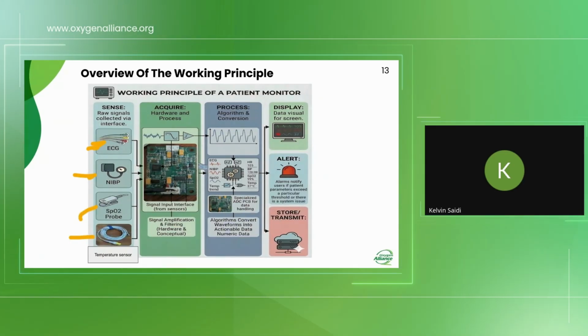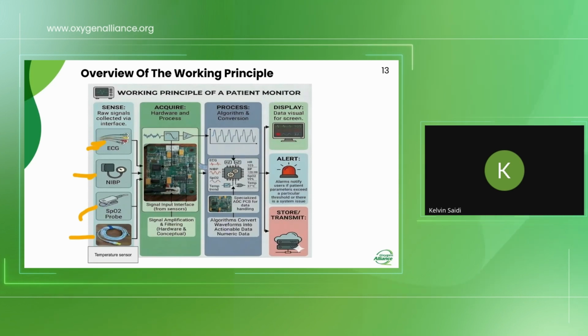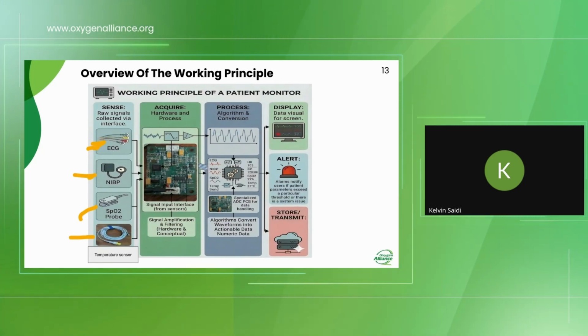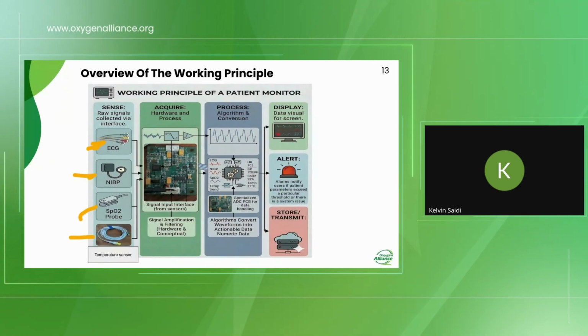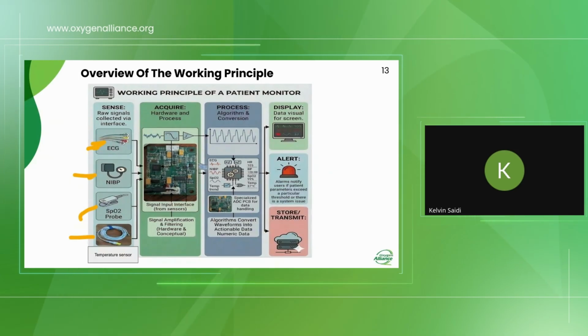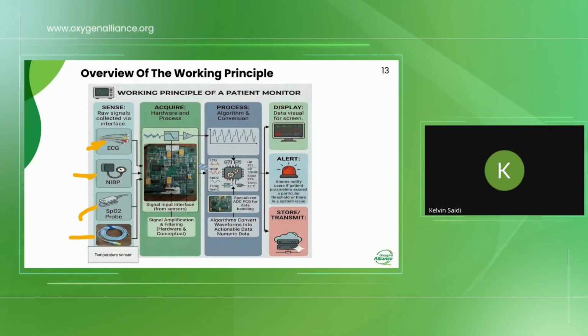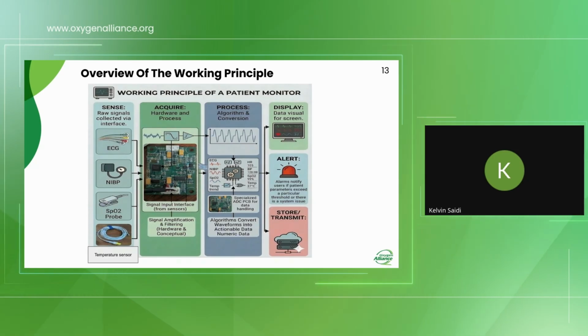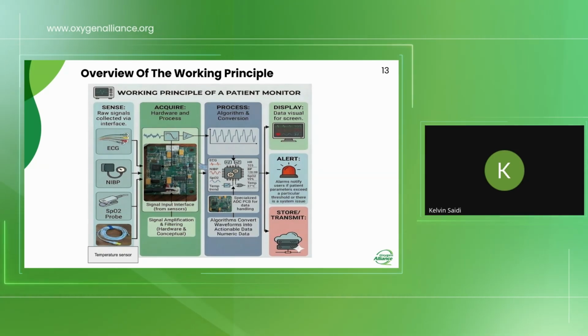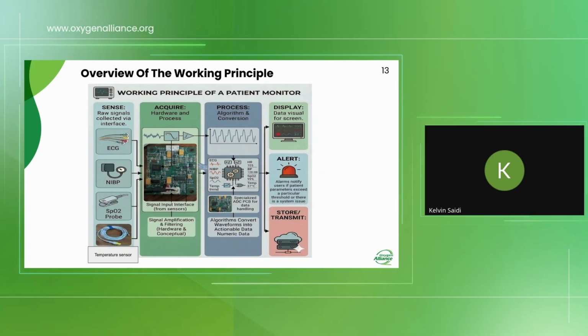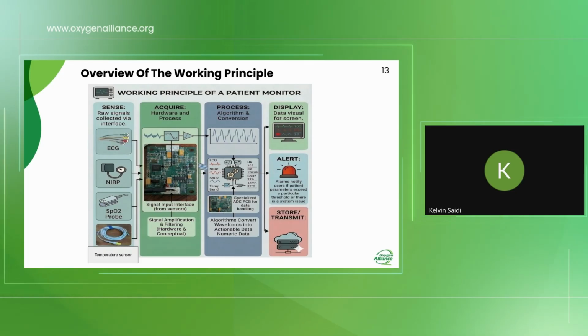Once these signals are collected, they are transferred to their respective signal acquisition modules, where they are filtered, amplified, and then sent to the main CPU for processing. The CPU is equipped with algorithms that turn these signals into actionable information.